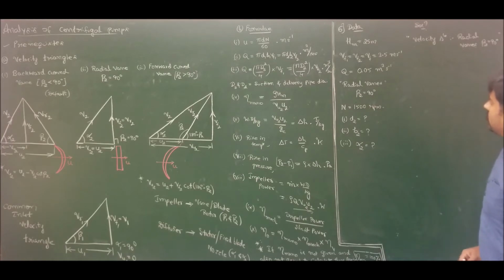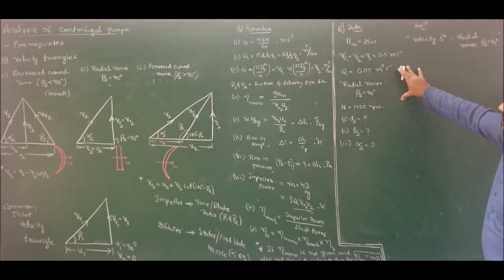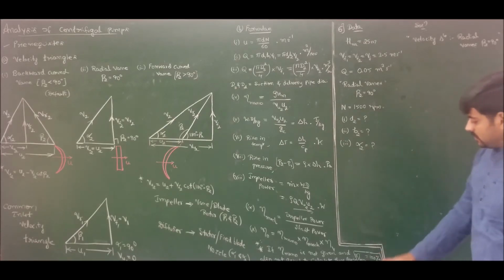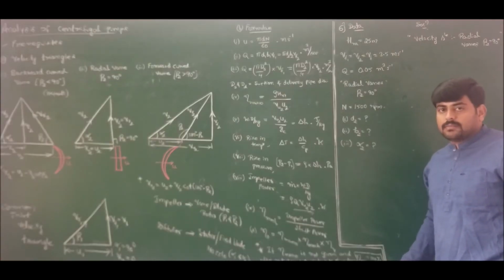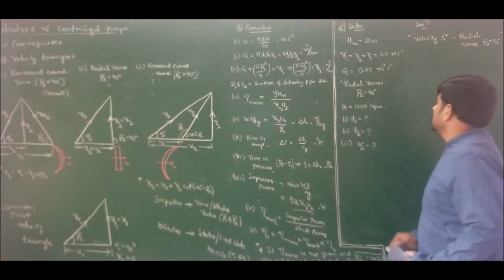Now let us solve one by one. He has not specified the value of manometric efficiency, or asked us to calculate it. So I should assume the manometric efficiency as 100% by neglecting the losses.